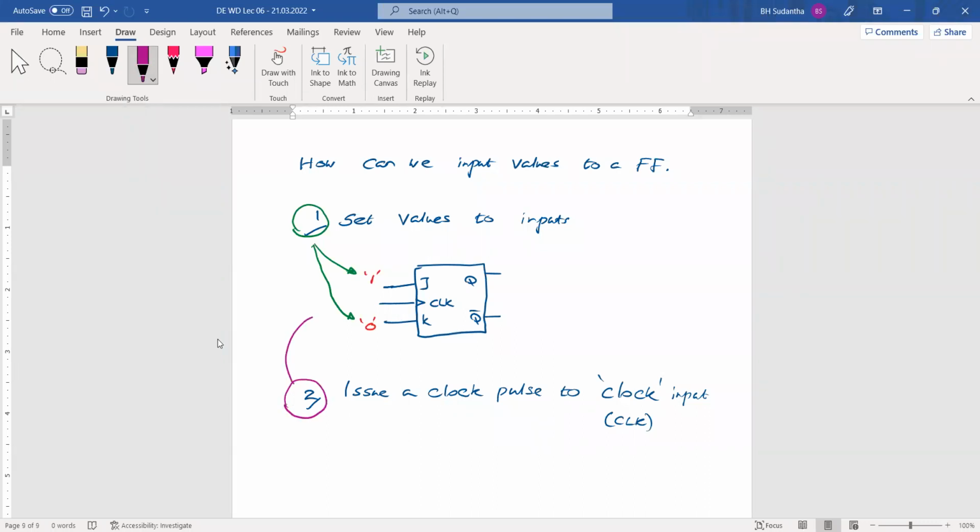Then here, you have to issue this clock input to this. This is the second step. If you complete these two steps, then only you can give values to flip-flops, and then only flip-flops can change the outputs accordingly.